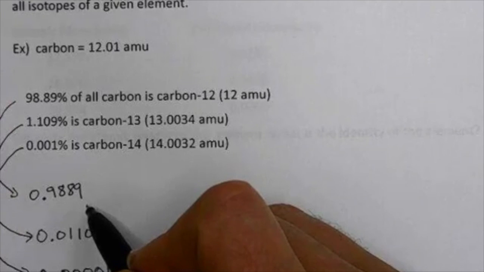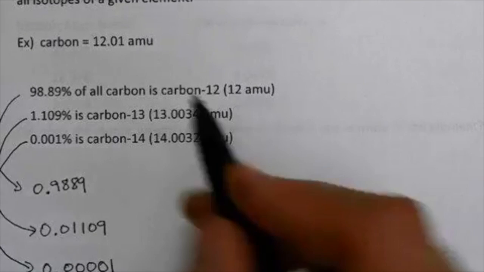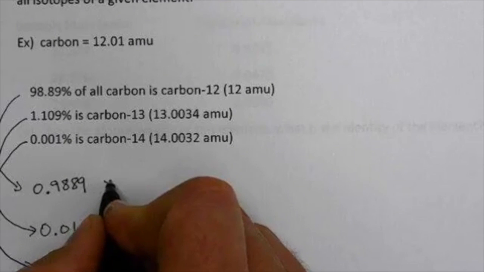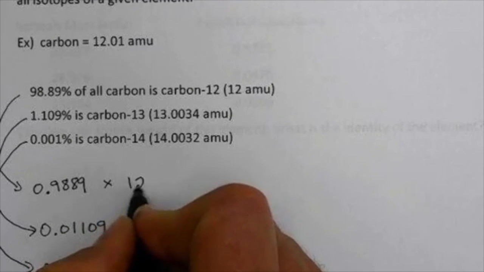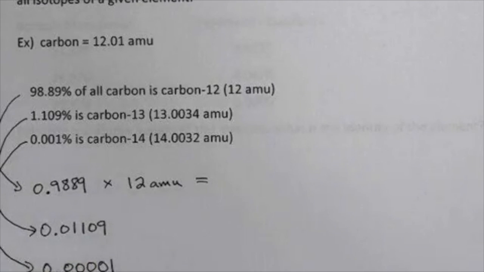Then what I'm going to do is multiply each of those, we call them fractional abundances, each of those decimals, by the mass of that particular isotope. For the 98.89%, which I've rewritten as 0.9889, I'm going to multiply that by 12 AMU, because that is the exact mass of that isotope of carbon.